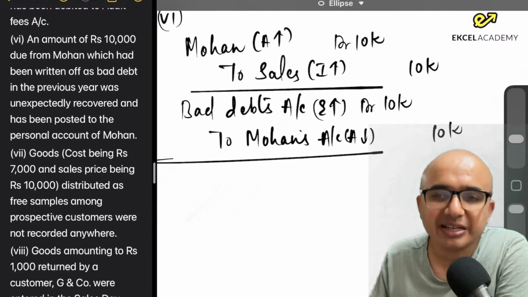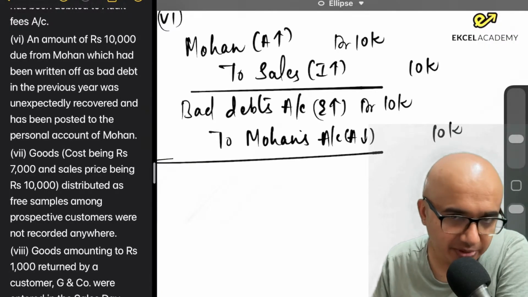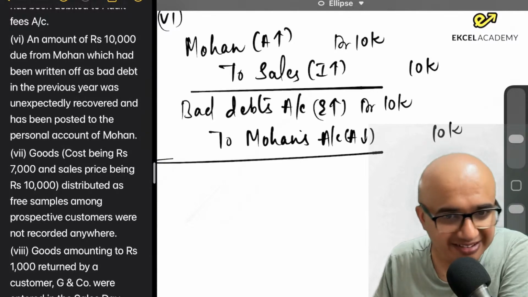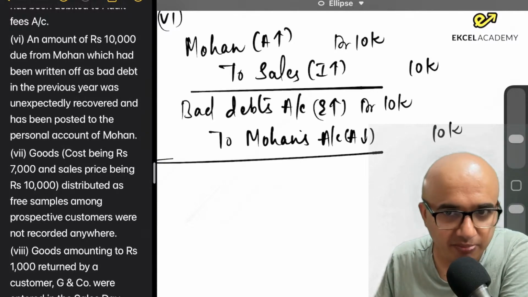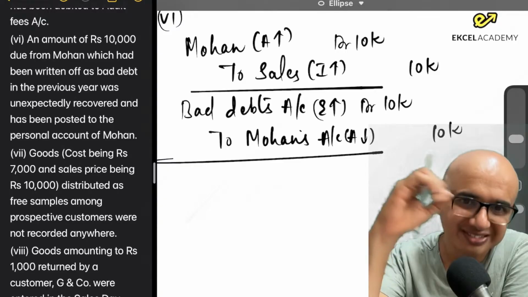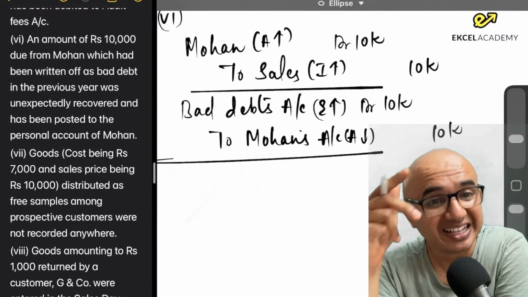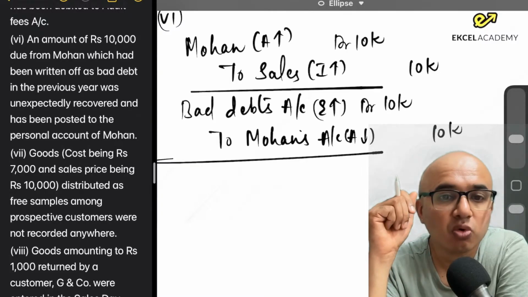Now the problem here is we have already made Mohan's account zero. There is no balance. There is a debit entry of 10,000 to sales and there is a credit entry of 10,000 by bad debts. So Mohan's account is now showing a zero balance. When that is the case, and when you recover this amount in the next year, how can you include Mohan's account? Because we have already nullified his account.